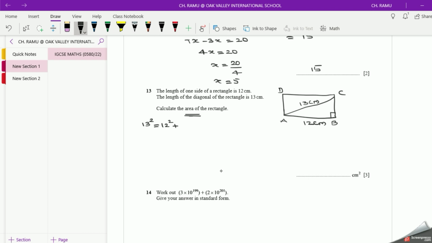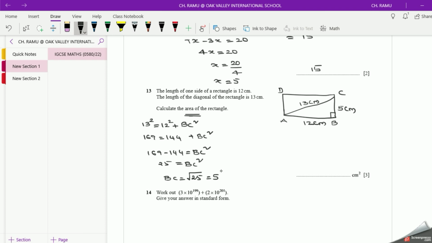This side, take it as BC square. 13 13s are 169 is equal to 12 12s are 144 plus BC square. So 169 minus 144 is equal to BC square. That is 25 is equal to BC square. Square becomes root, and root 25 value is 5. So this becomes 5 centimeters.